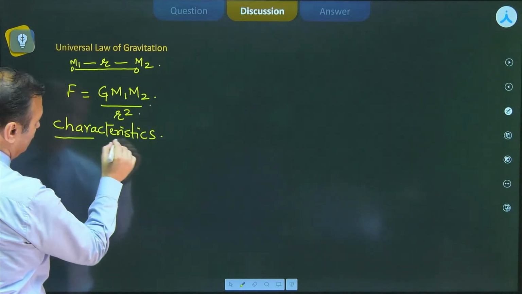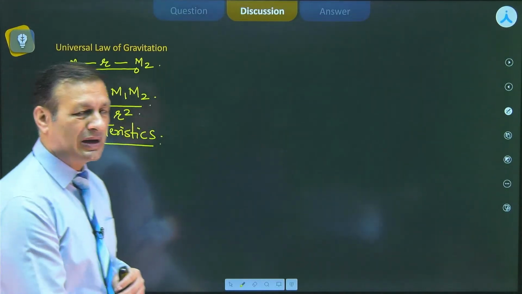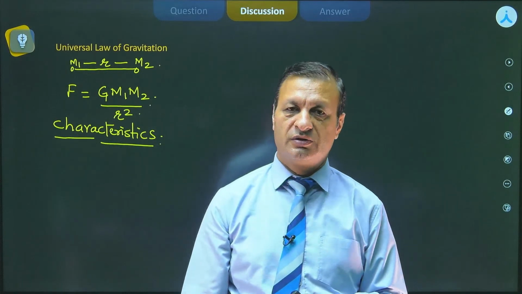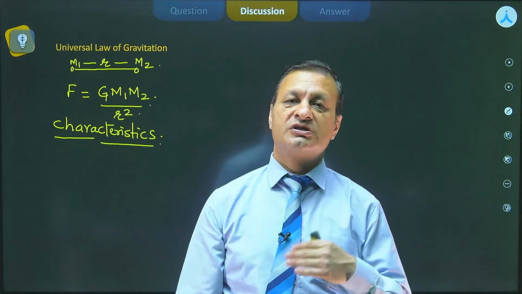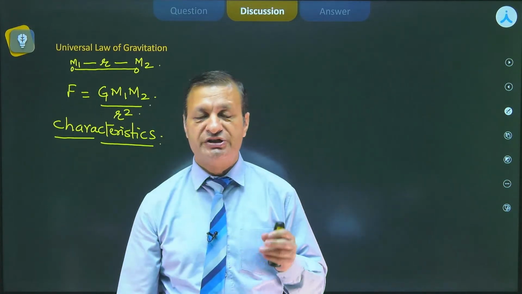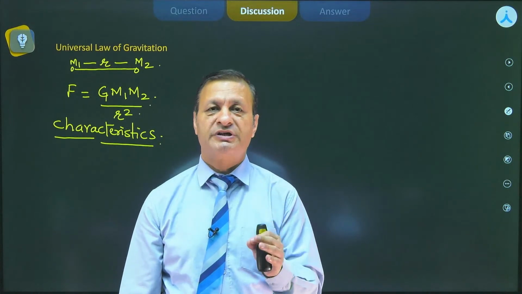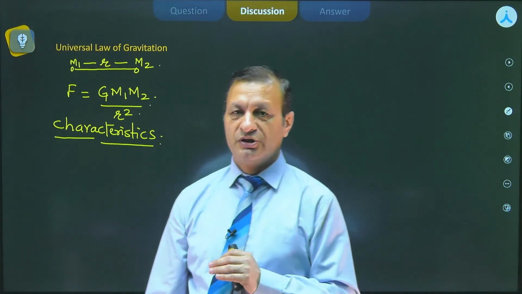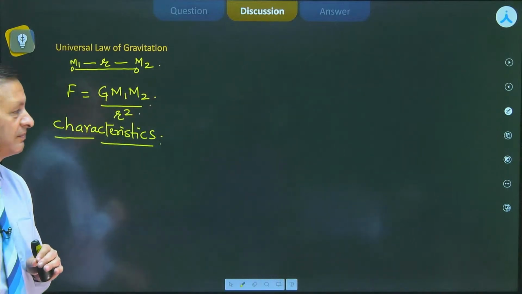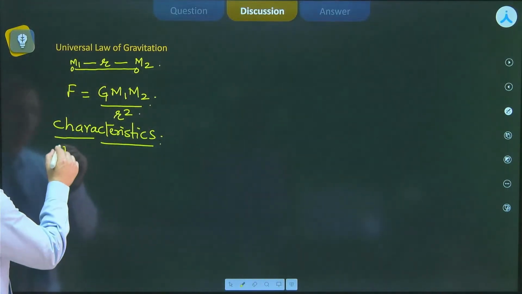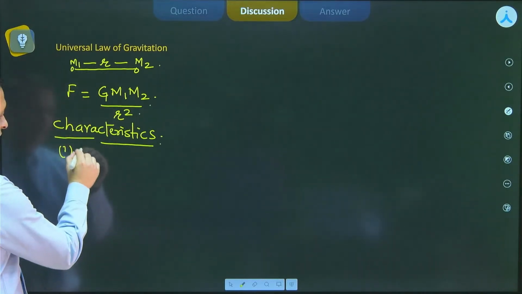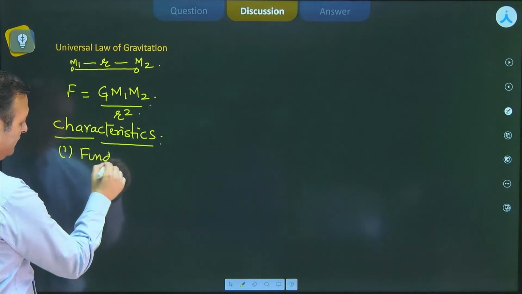So important characteristics. Let's quickly wrap up these properties, because you may find some conceptual questions based on these properties also. That is why this is again one of the important areas we have. What we know, this is one of the fundamental forces.